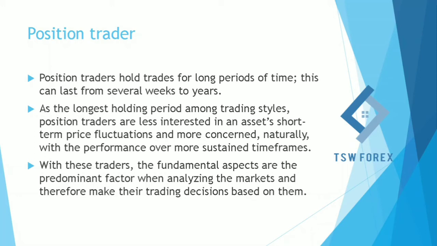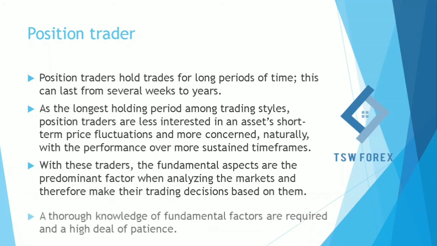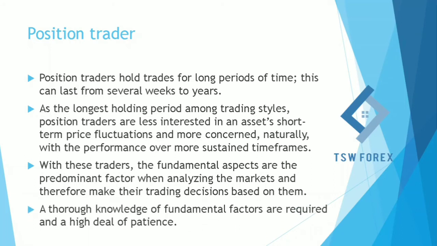Leaving the EU would give investors and traders uncertainty about the economic status of the country. So that is what a position trader would do: look at major news events and hold their trades for weeks to years. A thorough knowledge of fundamental factors is required and a great deal of patience. As we said, we already discussed what fundamental analysis is. So the Brexit was an example of that.